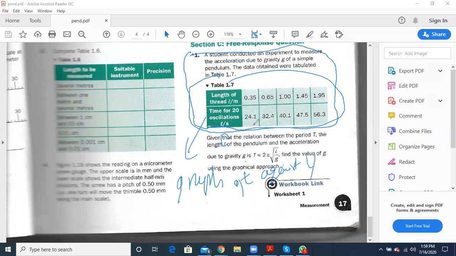Then we will make another graph of T square over length, and that should be a straight line. But how would we get the value of T square? We have only the value of T. Yeah, we will take the square of each corresponding value. So we will get the value of T square. Got it? Nabia and Ismail, did you get it?